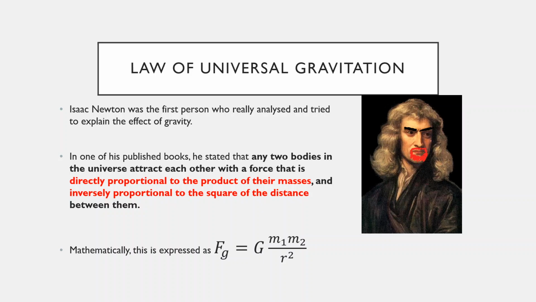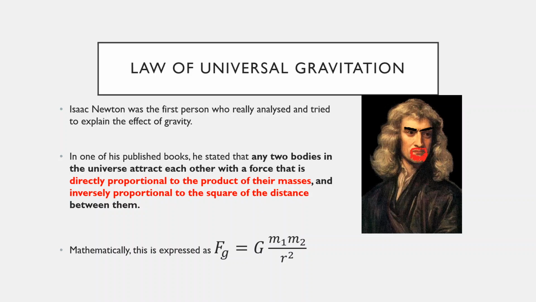So here's Isaac Newton with my little drawings on him. Isaac Newton was pretty much the first person who really delved into what gravity is. Now, he didn't give an exact mechanism by which gravity is transferred from one object to another. He just said gravity is here, and this is how we calculate it.